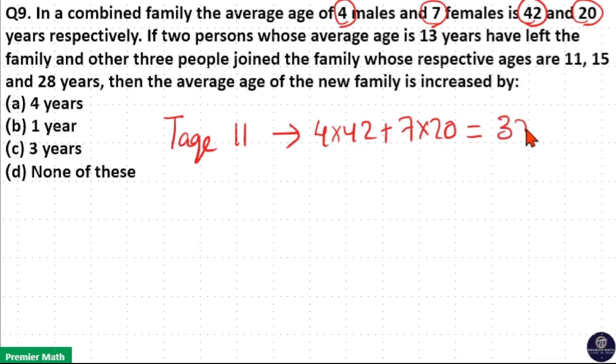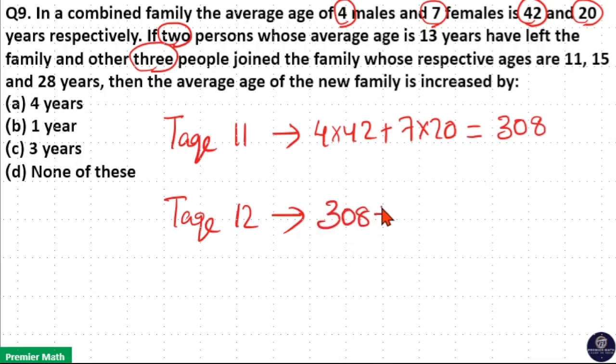So total age of the 11 people is 308. Now total age of 12 people, because 2 persons left the family and 3 persons joined the family. Now overall increment in the numbers is 1. So 11 plus 1, 12. So that will become 308.